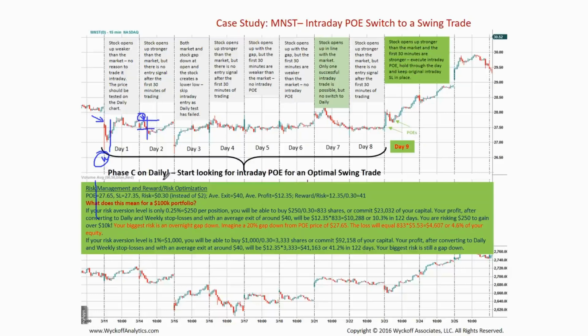We were thinking that this was phase C, by the way, so if this is some kind of spring action, we should have some kind of testing action. The test comes at the beginning of day number 3 with the gap down, and it actually goes below the low that was previously created by the spring.